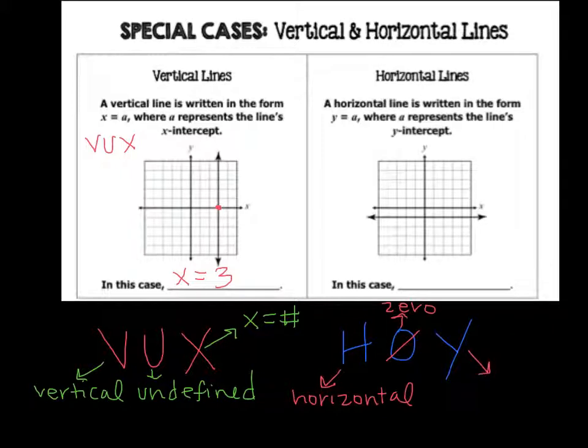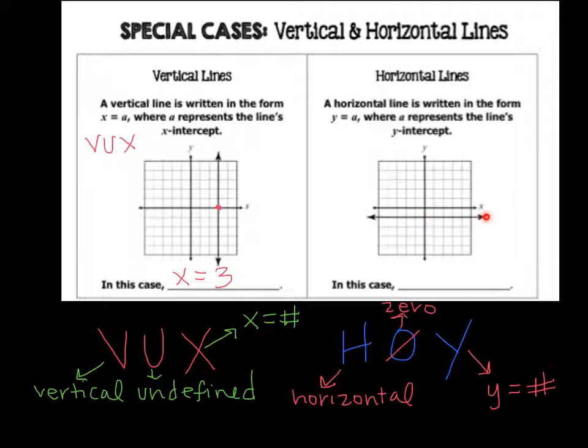And the Y is supposed to help you remember that that's always going to be y equals a number for its equation. So if you look at the horizontal section over here, it says a horizontal line is written in the form y equals a, where a represents the line's y-intercept.